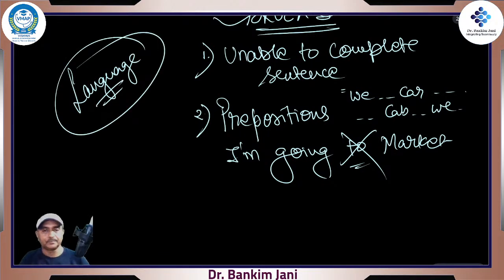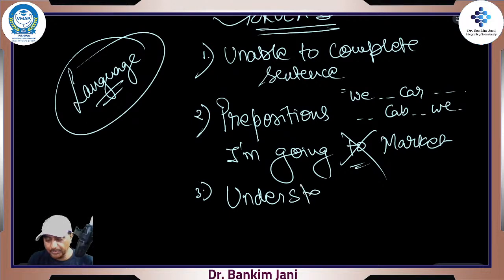The third thing which you will notice in this is, it's not only that they'll find it difficult to speak, but at the same time, even their understanding is very much affected, right? So understanding would be affected.